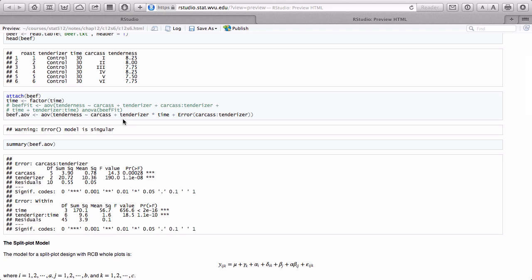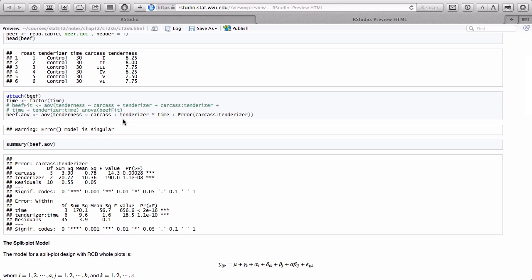Carcass, there's 6, so there are 5 degrees of freedom. Tenderizer, there are 3, so there are 2 degrees of freedom. And the product of those 2 is 10. I get the sums of squares associated with it, and I get the mean squares by dividing by the degrees of freedom, and then I get my F-test. And we notice that both carcass and tenderizer are very significant.